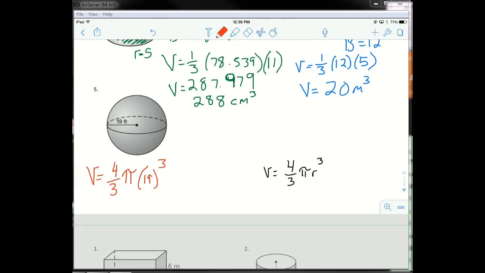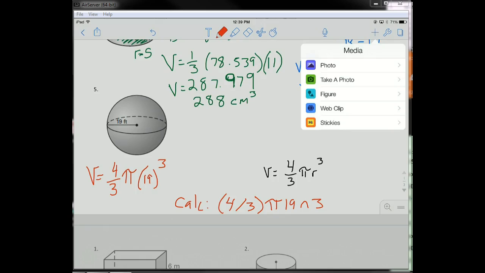Now on the calculator, I would type this in like this. Parenthesis 4 divide 3, close the parenthesis, pi, 19 caret symbol 3. And that caret symbol, just to give you an idea of what that looks like, is right above the division symbol for most of these calculators.